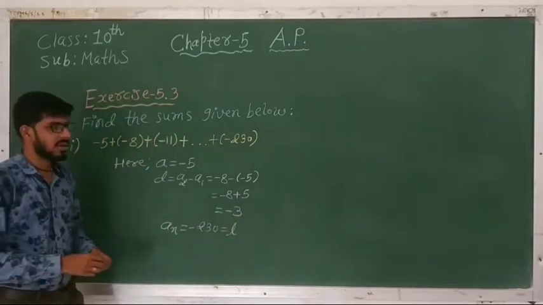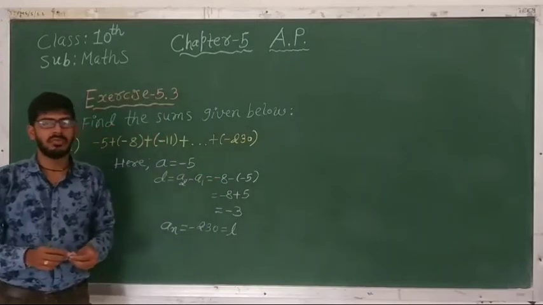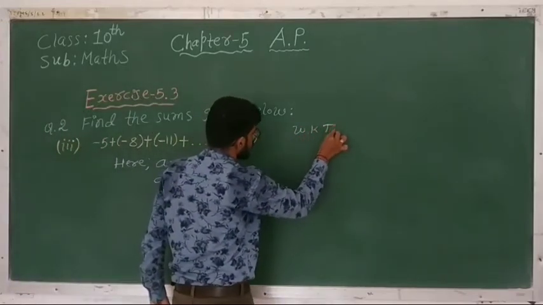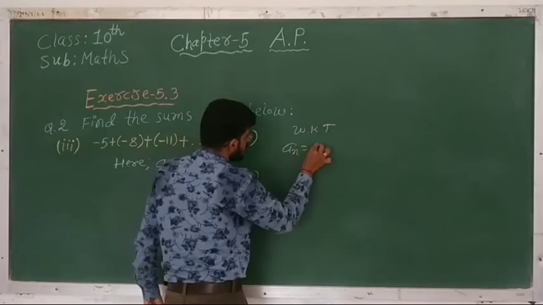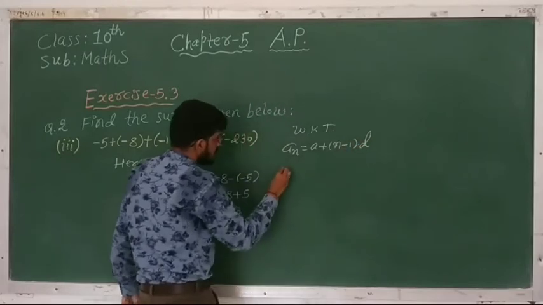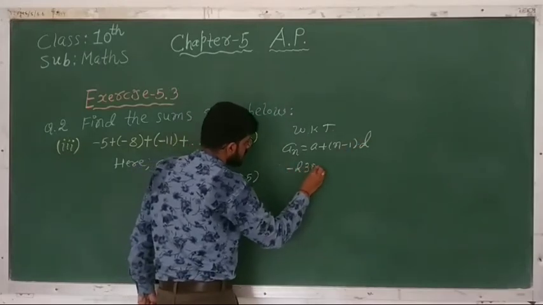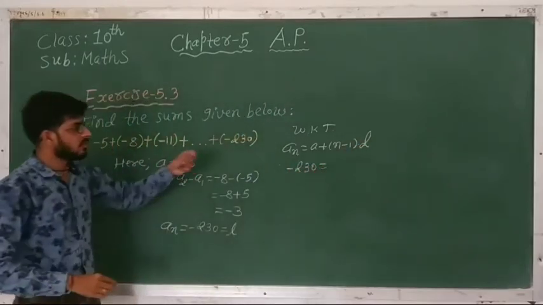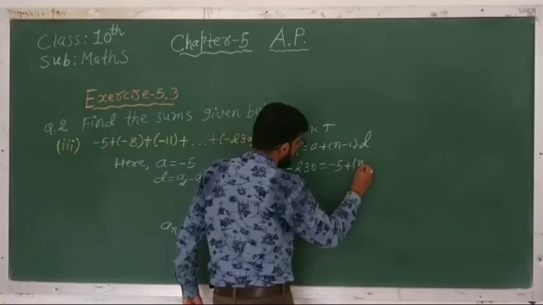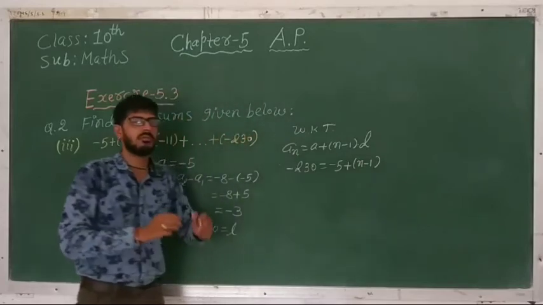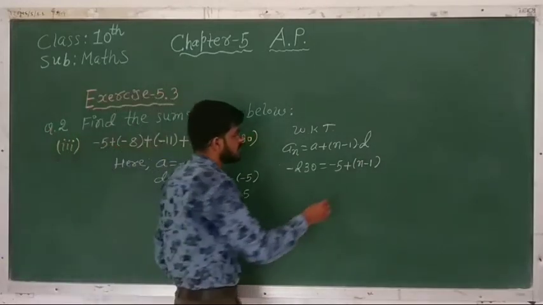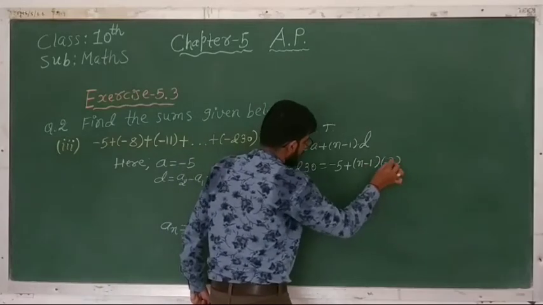Now we have to use the formula of an and find the value of n. So we know that an is equal to a plus (n minus 1) into d. Therefore minus 230, because the last one is given, is equal to the first one, minus 5, plus (n minus 1), because we have to find the number of terms, and the value of d is minus 3.